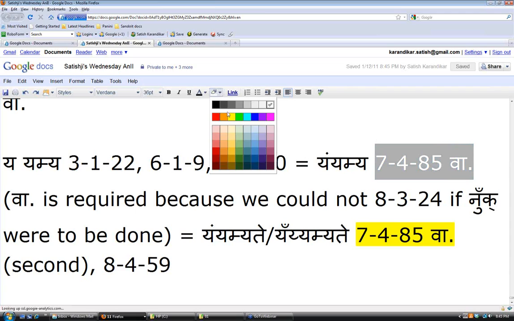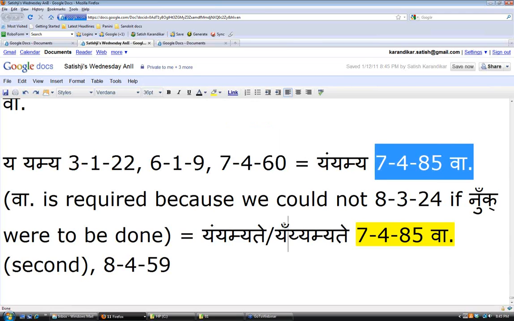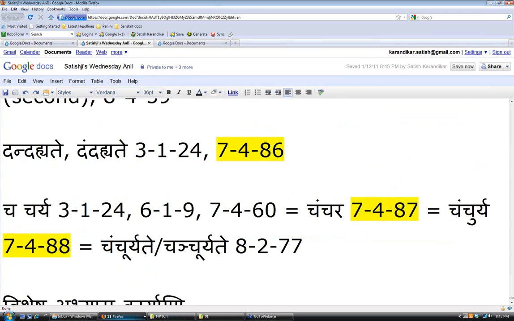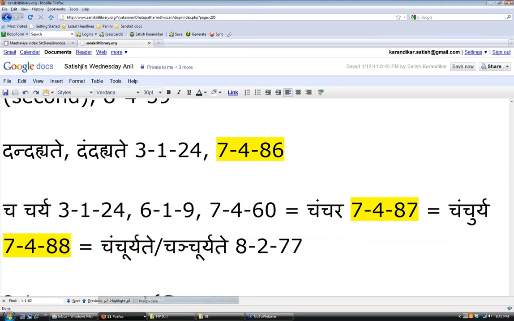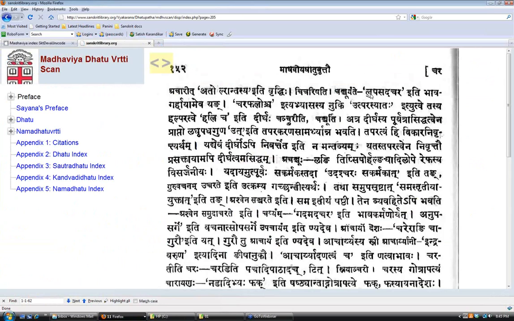So what happened here? Okay, let's follow one more time and then we'll go to the book. So here we go. Chanchuryate lupasadachara ityadina bhavagarhayam eva yang natu kriya samabhihare. It's not kriya samabhihare, it's bhavagarhayam, in a disgusting manner which generates contempt.